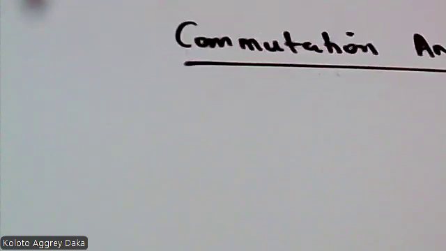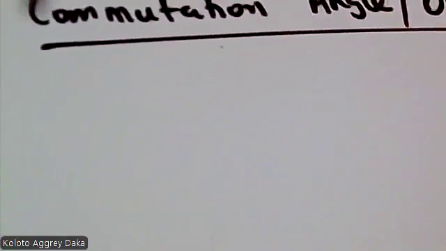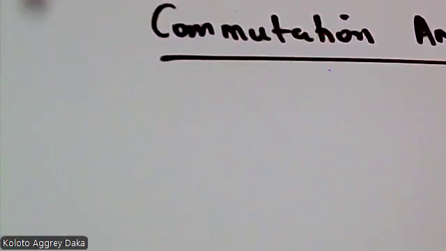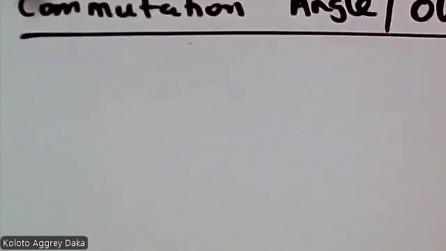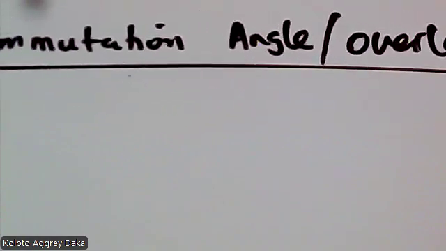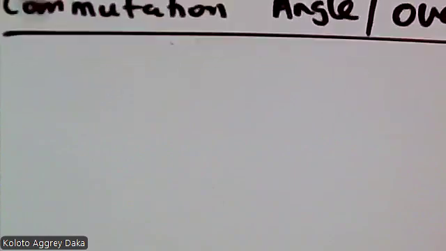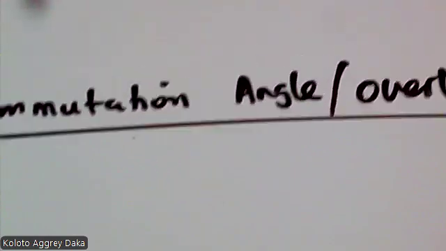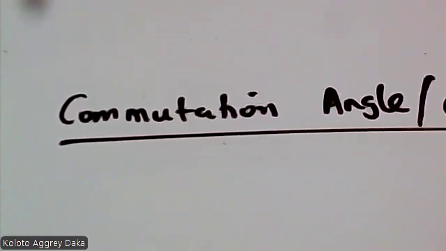It means there's an overlap. So that is the commutation angle or overlap angle. Commutation is change of path, but when the path is changing, two paths conduct simultaneously. For how long do those paths conduct? It is what is known as the commutation angle.